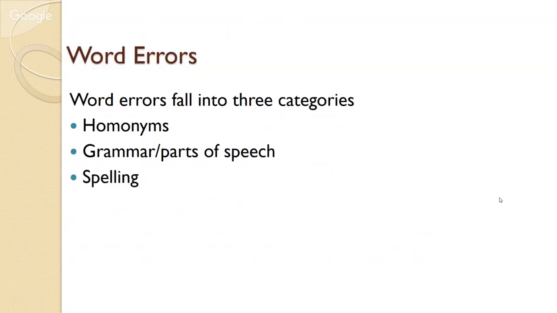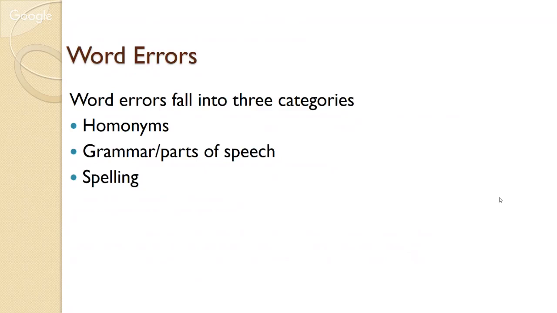Okay, so that's enough for revision for this week. Let's shift over to editing and focus on word errors. Word errors fall into three general categories: those which are homonyms, those which are grammatical errors, and those which are just simple spelling errors. The most common errors are homonyms.